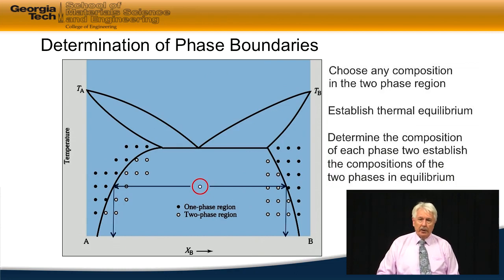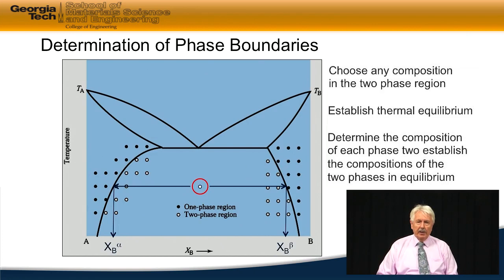All we would need to do is go through a series of isothermal holds at different temperatures with that particular alloy, and then we would be able to calculate what the phase boundaries were based upon the compositions that we would measure inside a microscope, or a device that had the ability to determine the composition of these relatively small particles that come out as a result of the two-phase structure.